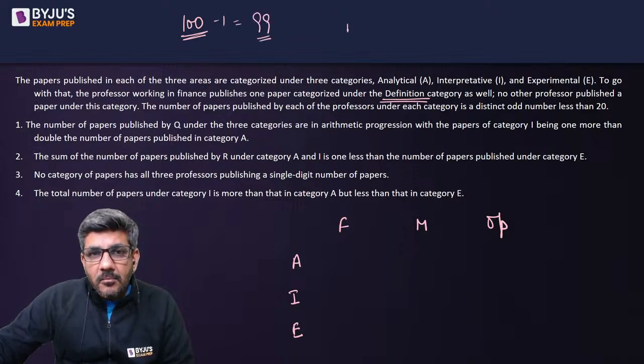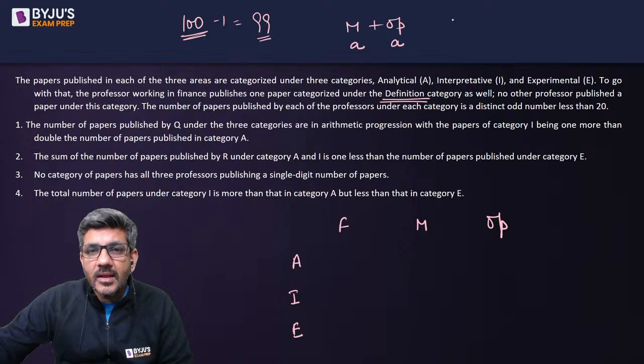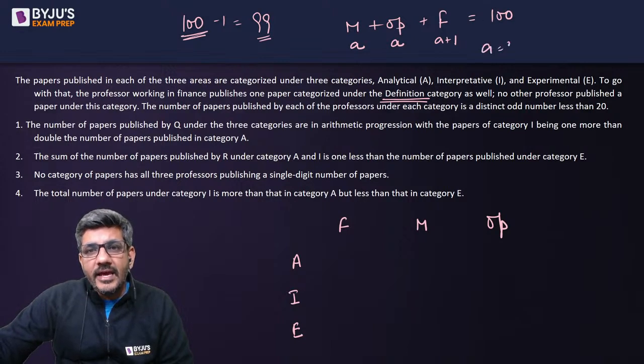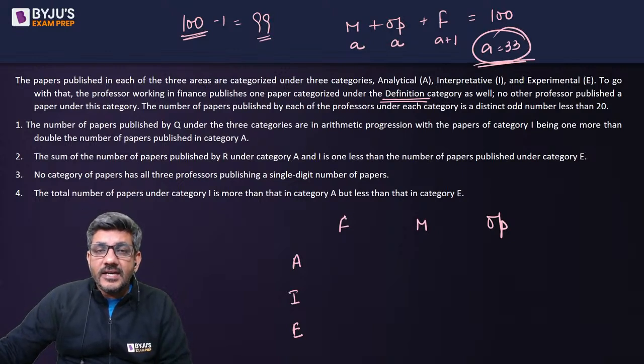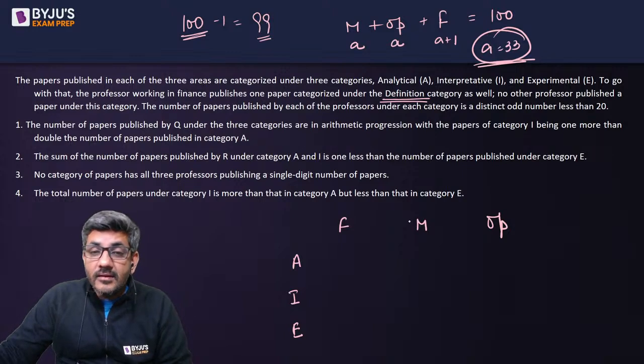Then he says marketing and operations, they both are equal. Let's say marketing has A projects under it, operations has A projects under it, and finance has one more than that, that means A plus 1. So the total number of projects, that is 100, is 3A plus 1, so A from there is 33. So total number of projects in finance is 34, marketing is 33, operations is 33.